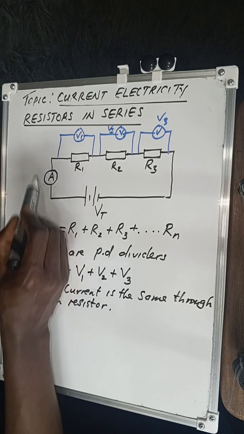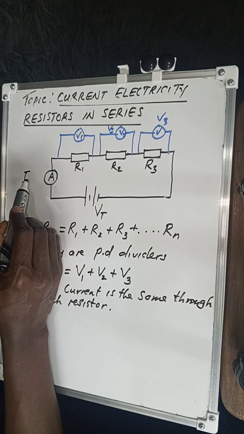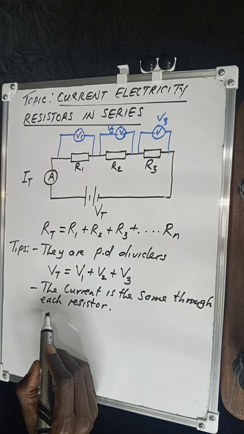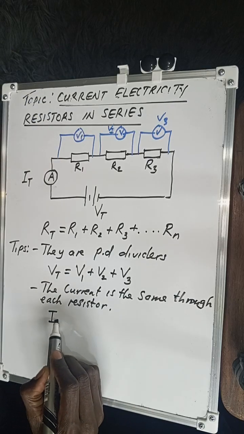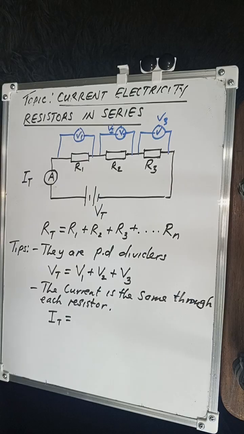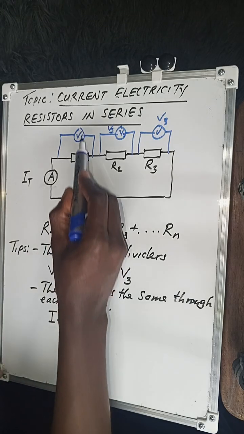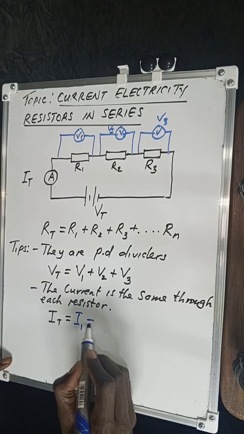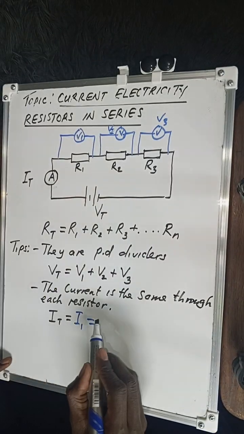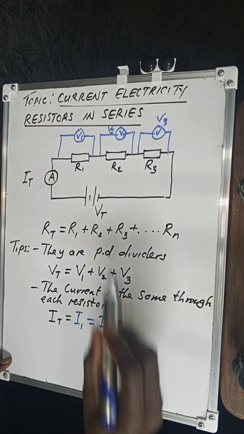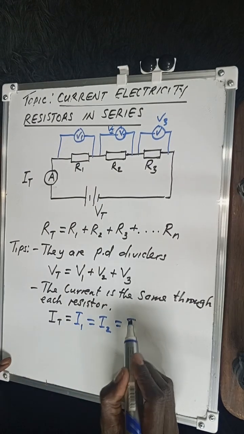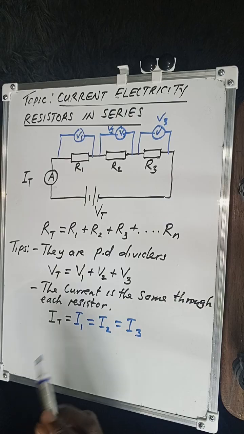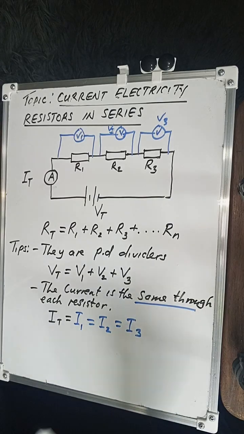We mean if we know the total current passing through the circuit, it will be the same as the current passing through resistor 1, that will be current 1. It will be the same as the current passing through resistor 2, and the same as the current passing through resistor 3. That's what we mean when we say the current is always the same.